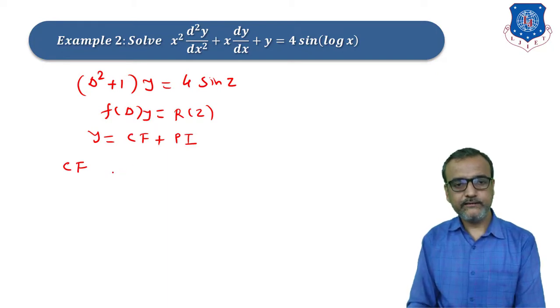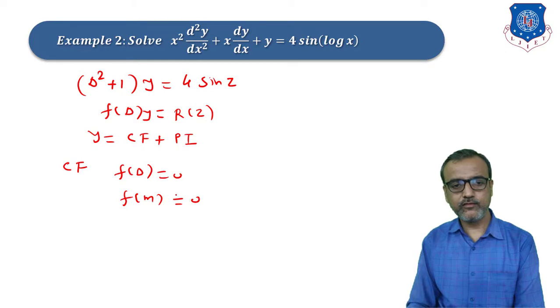To find CF, we will write down f(D) = 0. We will replace D by m, so f(m) = 0. Here f(D) is D² + 1, so in this f(D) we replace D by m to evaluate f(m).